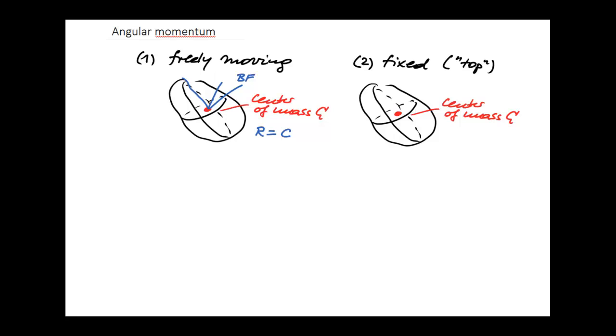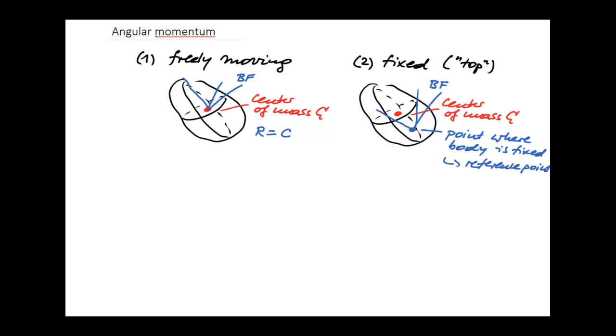This point need not coincide with the center of mass. Let's say it's this point here. This is the point where the body is fixed, and we agreed that this would then become the origin of the body fixed frame and therefore the reference point.